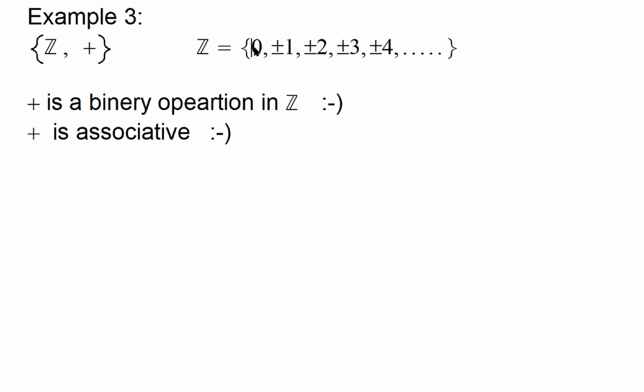And then we have 0 as the identity that we wanted, right? So 0 plus A equals A plus 0 for all A in Z. And you will see soon that we would go ahead and trim these conditions further down.